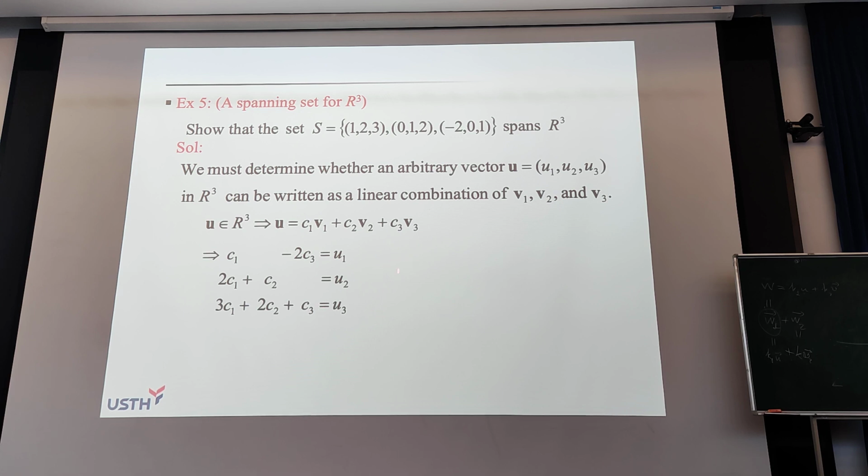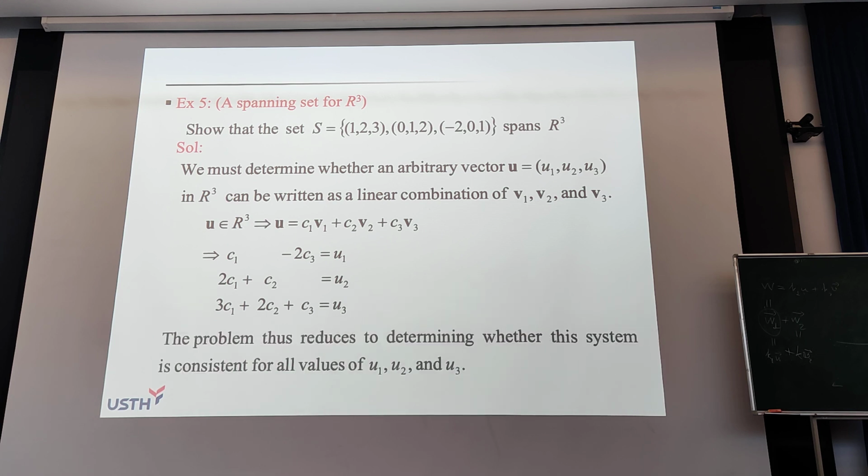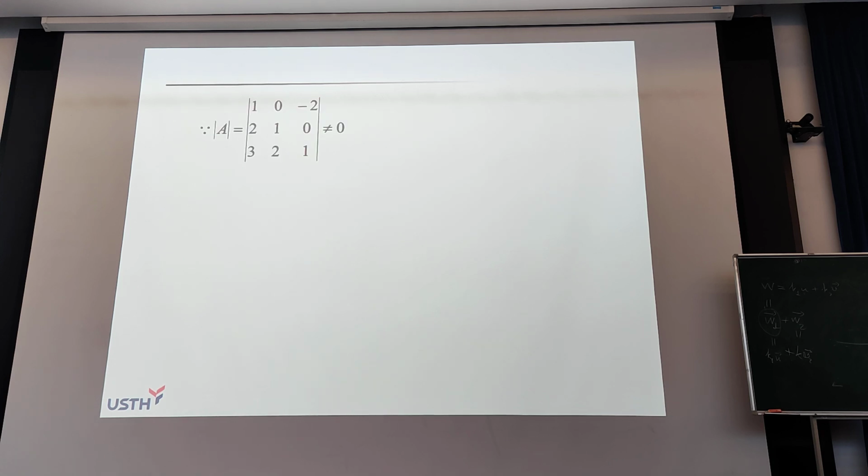You need to show that the system always has a solution. Then you see the determinant of the coefficient matrix is non-zero. Then the system is a Cramer system, and a Cramer system always has a unique solution. That is the solution for that. It always has exactly one solution for any right-hand side b.